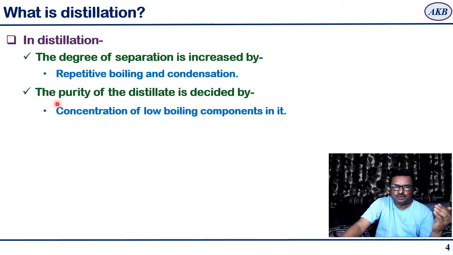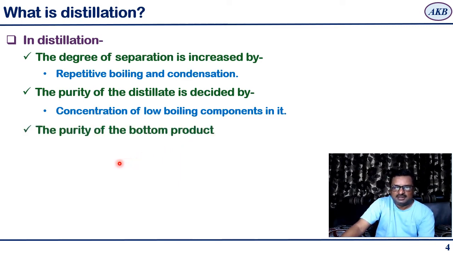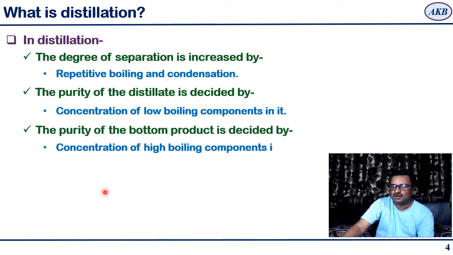On the other hand, the purity of the bottom product is decided by the concentration of high boiling components in it. The more the concentration, the more pure the bottom product.